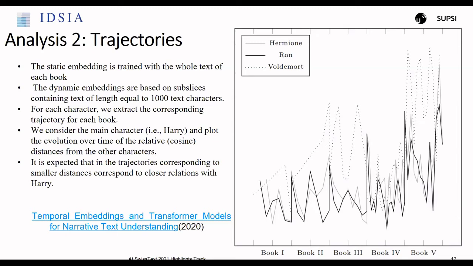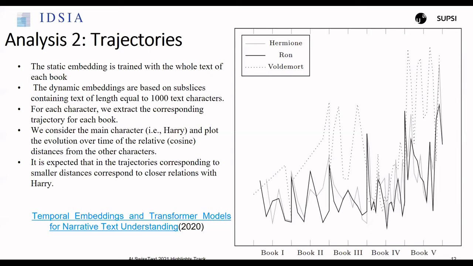We consider Harry Potter, the main character, as the reference on the x-axis, and plot the evolution of other major characters in the book, Hermione, Ron, and Voldemort, based on their relative distances from Harry Potter. It is expected that the closeness of the trajectories shows the relationships. Hermione and Ron are friends of Harry, so they are closer to Harry. Voldemort is the main villain, and you can see the deflection, as it moves away from these characters.